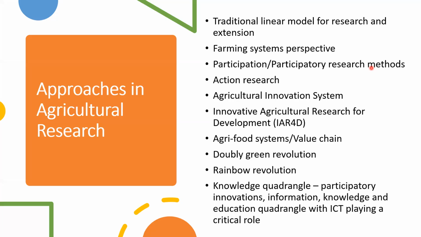For that, you don't need a lot of planning, because you have a problem in front of you, and the people relevant to that are being asked to work on it. So normally the people or the governments or the agencies provide the funding for that. Then agriculture innovation system, we'll see in the next slide what innovation actually is.